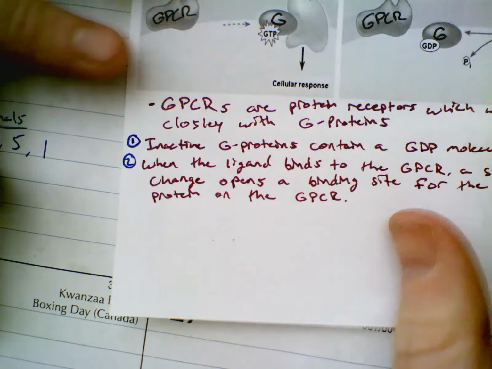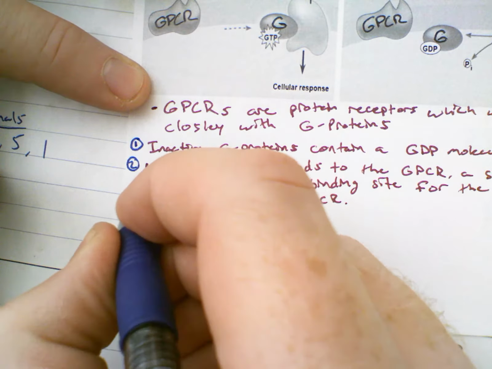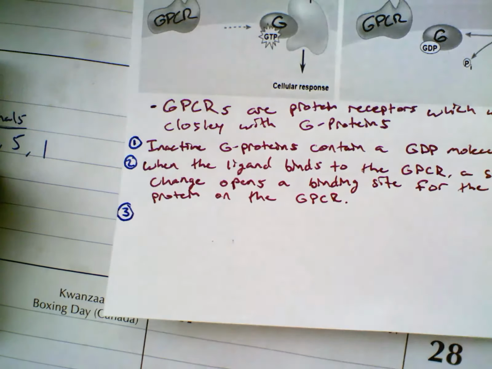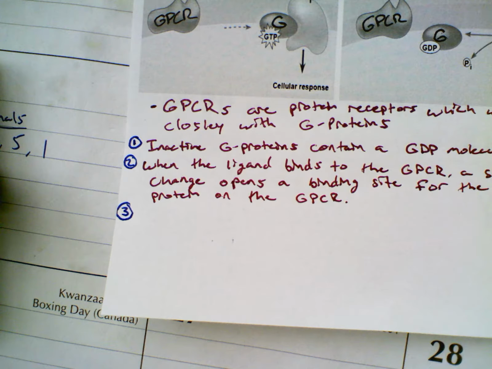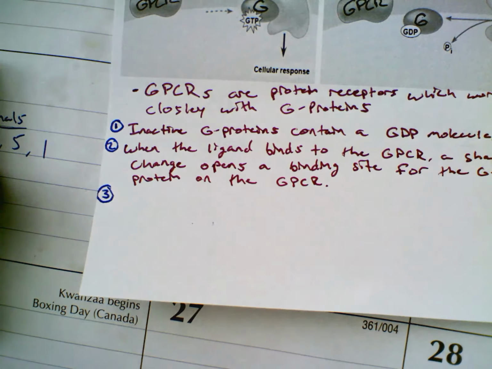Okay. Then number 3. All right, since the G protein just bound to something, what's going to happen to the G protein? It just latched onto something. No. Anytime something binds to or unbinds from a protein, what does that protein do? Changes its shape. Yeah, so now the G protein is going to change its shape.